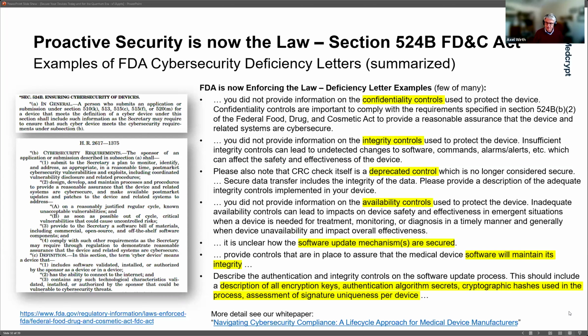In Europe, under MDR and IVDR, you have very explicit cybersecurity requirements. Singapore, Australia, China, Japan, those are all countries that now have medical device specific regulations in place as part of their market approval process, or have added cybersecurity under the larger umbrella of existing processes.